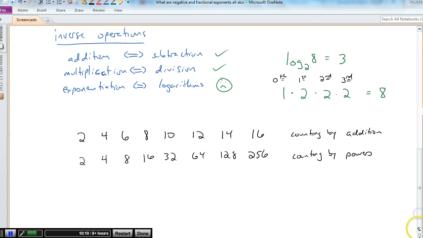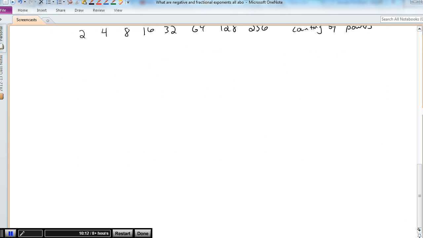Okay, so now I can sort of ask the question, well, why is, you know, 8 to the 0 equal to 1? Let's make it a little easier. Let's just make it 3 to the 0 equal to 1. A lot of kids say, because my teacher told me. If you think about what's going on, this is saying, let's repeat multiplication by 3 0 times, and what do we get?